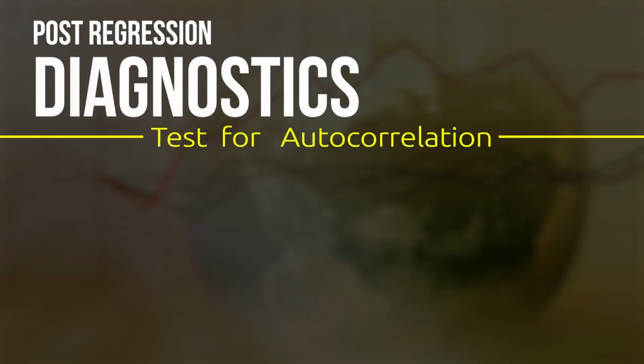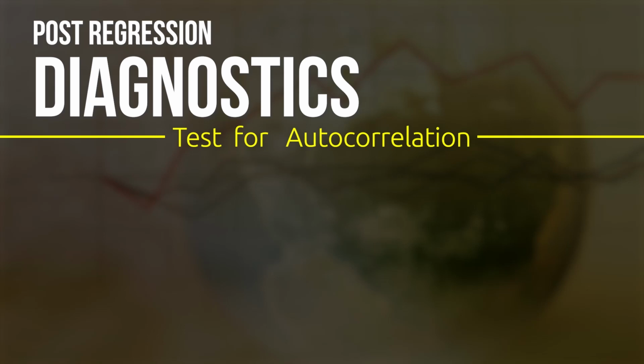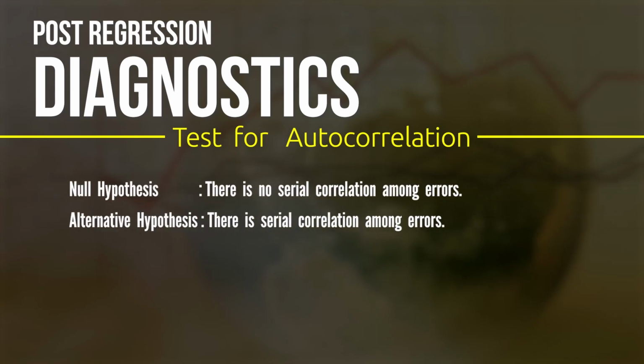Now we go for autocorrelation. Since this is time series data, it is very evident that the errors might be correlated with each other. So we go for the null hypothesis, which says that there should not be any serial correlation among the errors. So whatever errors we have considered, they should not be regressed upon each other or dependent on each other. That is, the error of today should not be dependent on the error of yesterday.